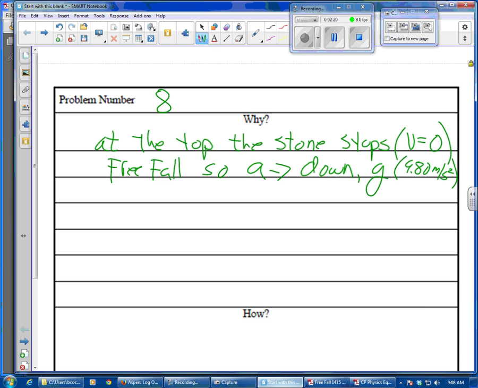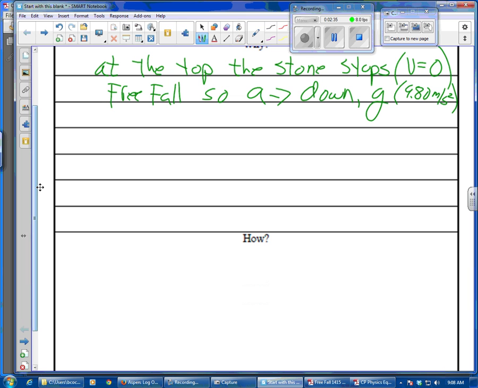So what's the stone doing on the way up? Is it speeding up, staying at a constant speed, or slowing down? Okay, so we've got this stone. It's here, it goes up, zoop, comes back down. We said up here it's stopped.